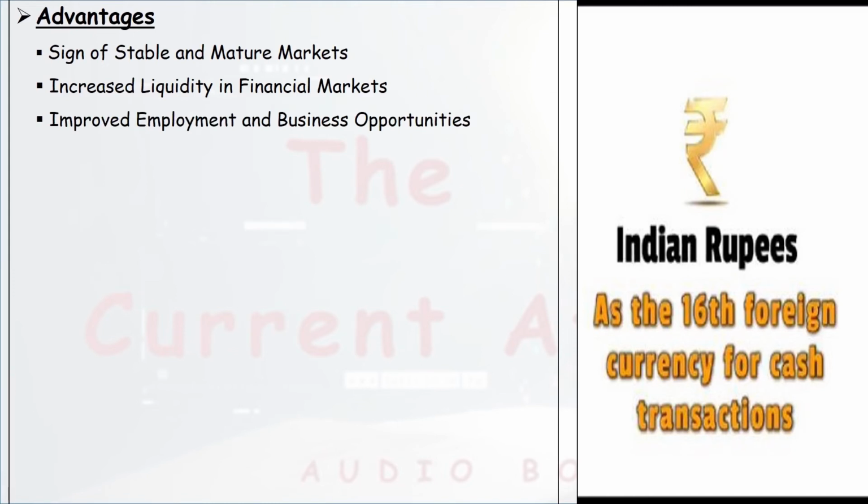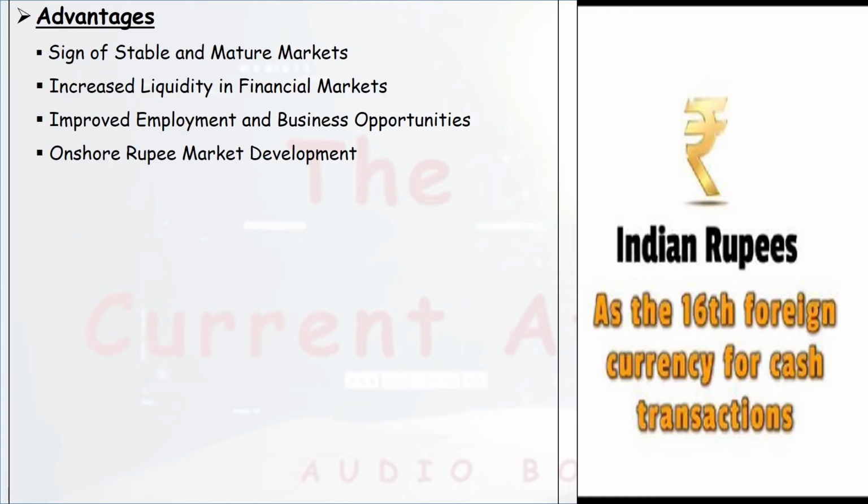Improved employment and business opportunities. With increased participation from global players, new businesses, strategic partnerships, and direct investments flourish. It also helps in the creation of new employment opportunities across various industry sectors, as well as nurturing entrepreneurship for new businesses.